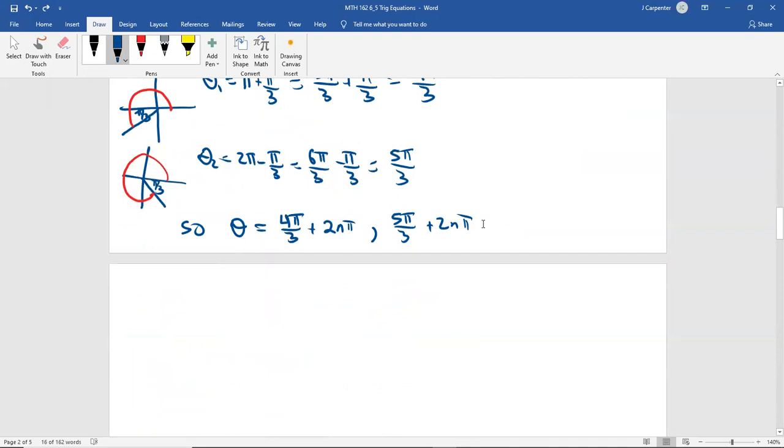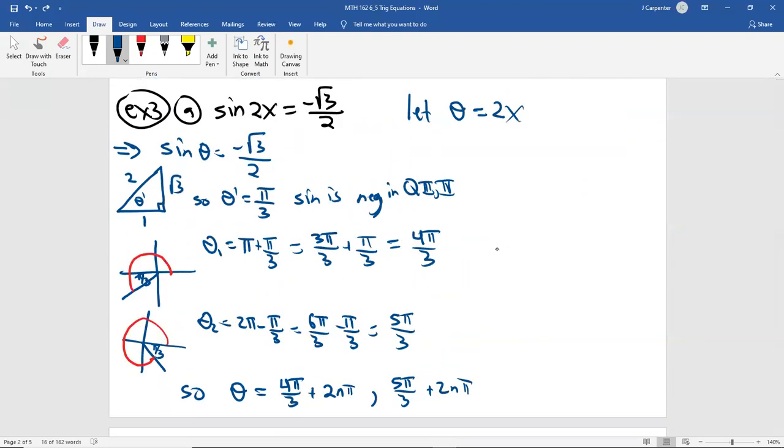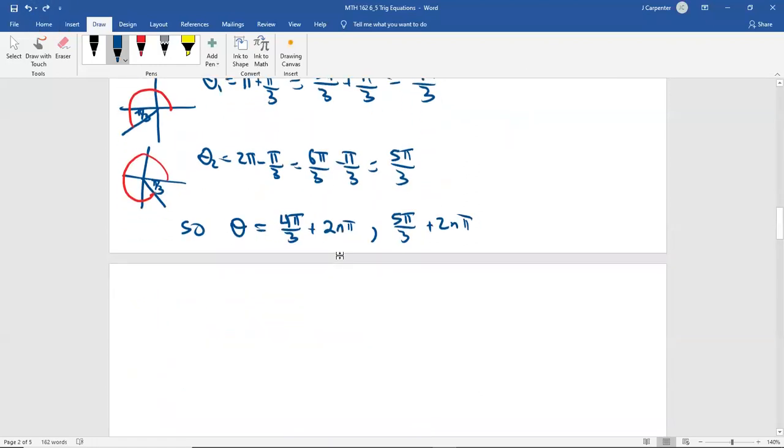So let's convert back to x. We said that theta was 2x. So now instead of writing thetas, let's write 2x instead. I'll use a different color. Instead of writing theta equals blah, blah, blah, we write 2x equals 4 pi over 3 plus 2n pi.